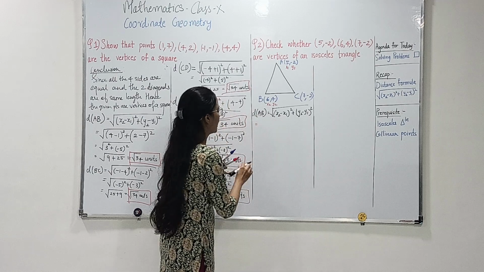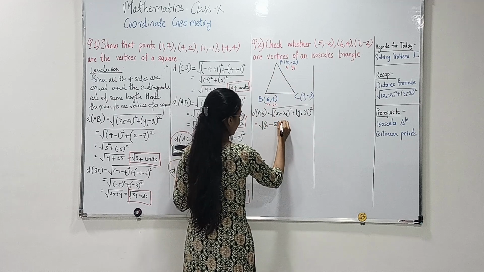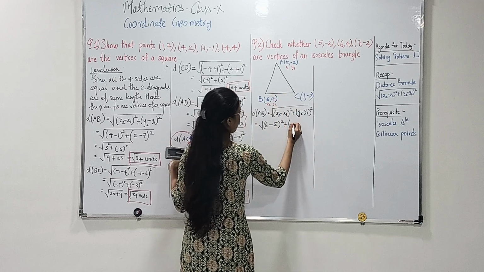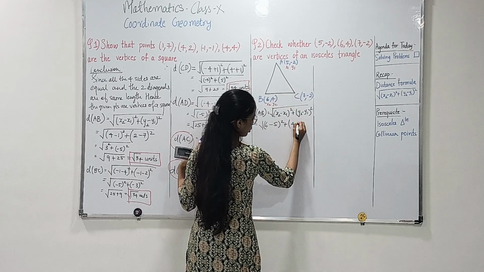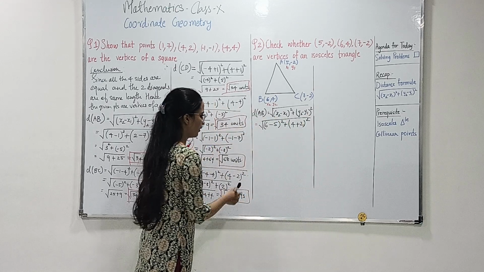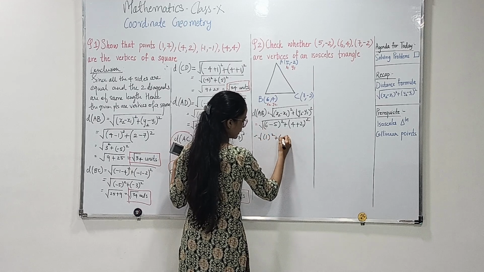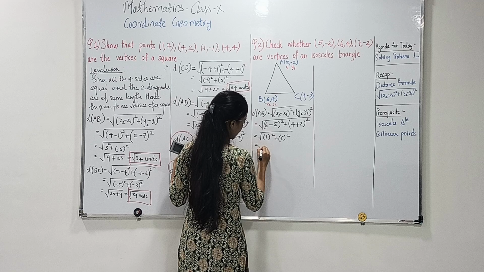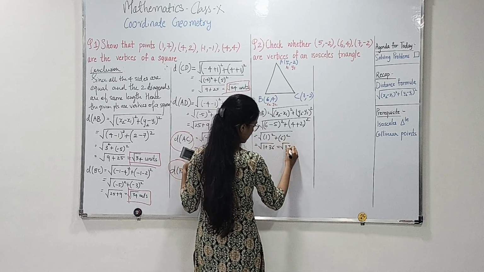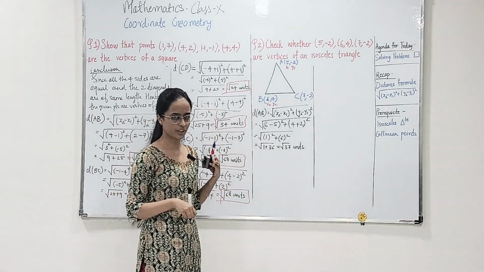So we get x2 is nothing but 6, x1 is 5, the whole square, plus next we have y2 to be 4 and y1 as -2, so minus and minus becomes plus, and this should be under the root. Now 6 minus 5 is 1 the whole square, plus 4 plus 2 is 6 the whole square. So we get the answer as 1 plus 36, which is equal to root 37 units. Now we got the first side to be root 37 units.